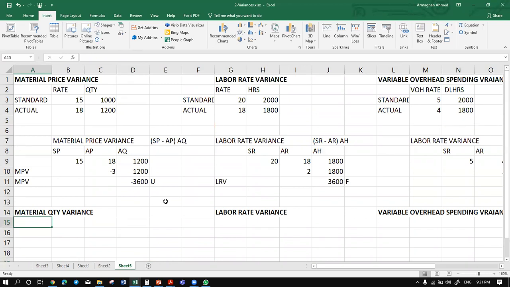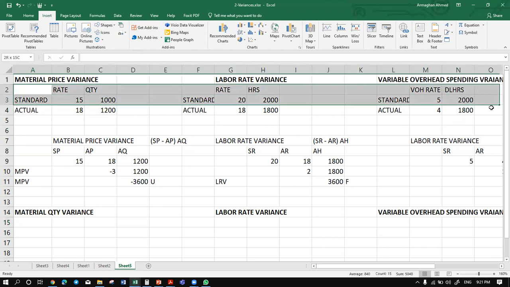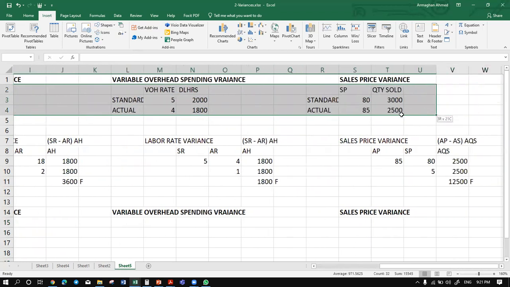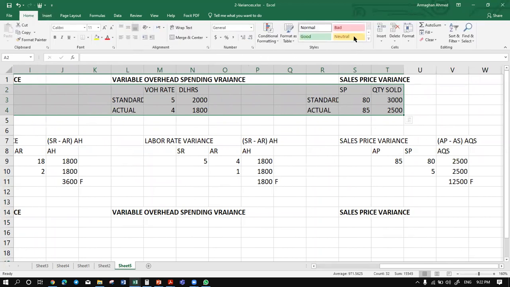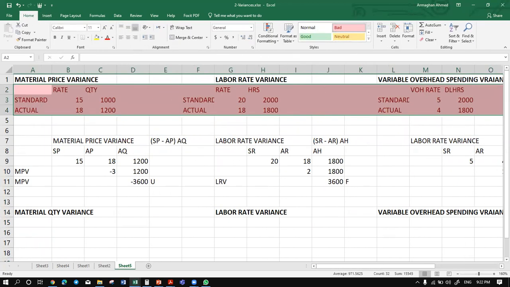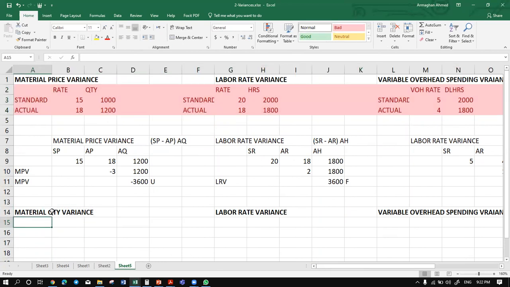What is the formula? Does anybody remember the formula? The data is the same, the same data we are using. So what is the formula for material quantity variance?